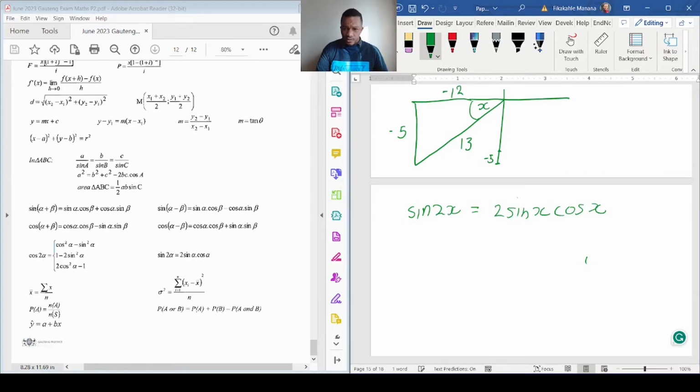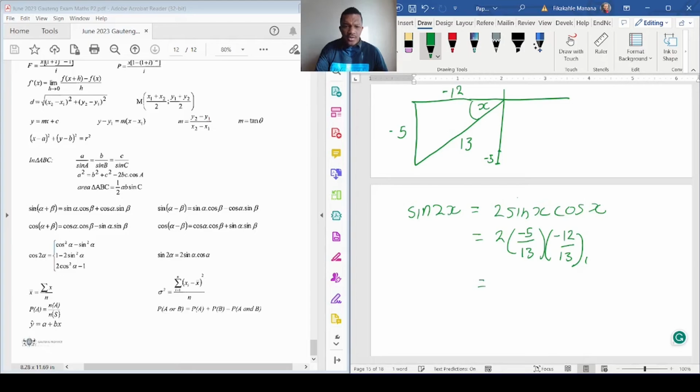Right? So just to complete that, it's 2. What's sine x? Sine x is opposite, which is minus 5, over the hypotenuse, which is 13. And what's cos x? Cos x is adjacent, which is minus 12 over the hypotenuse, which is 13. All right?